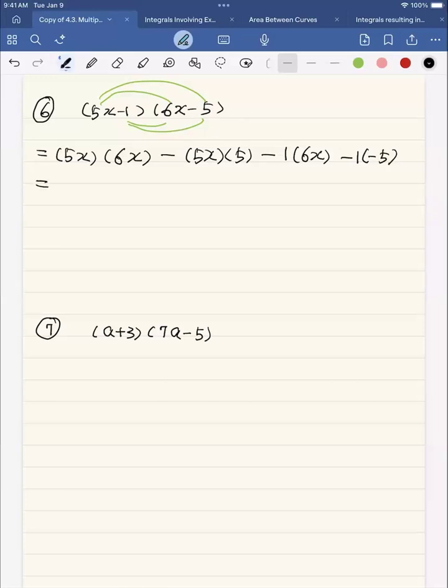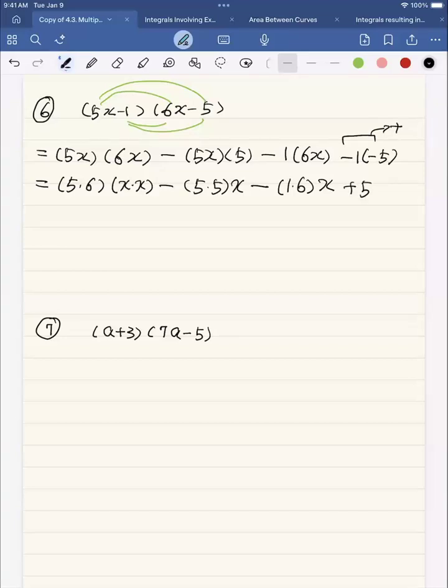So that'll be 5 times 6 times x squared minus 5 times 5x minus 1 times 6x, minus minus will make plus, so plus 5.